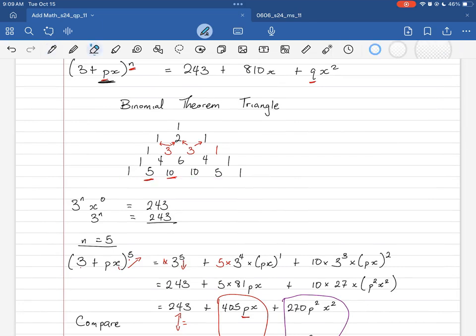So again, your outside is 1. 5 plus 1 is 6. 5 plus 10 is 15. 10 plus 10 is 20. 5 plus 10 is 15. 5 plus 1 is 6 and 1. I hope you do understand what I was doing here. I'm basically adding the diagonal 2 to get the one below. So I'm adding 5 and 10 to get 15. I'm adding 10 and 10 to get 20. I'm adding 5 and 10 again to get 15. And 5 and 1 to get 6.